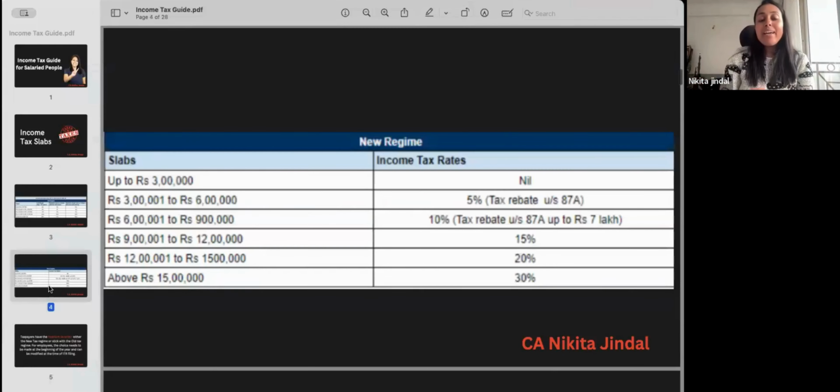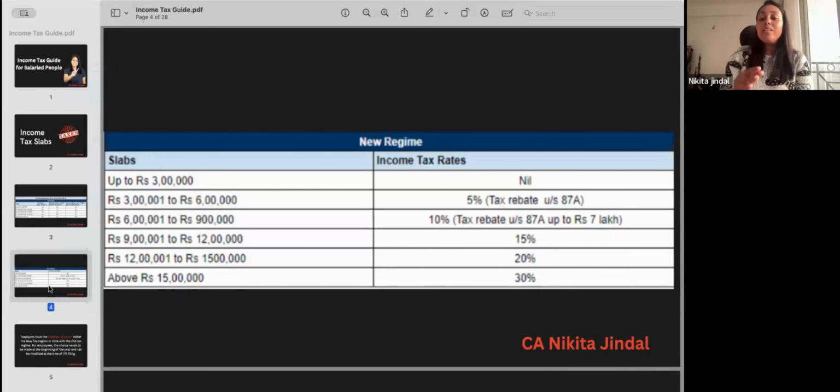If I talk about the new tax regime, up to 3 lakh the exemption limit is 0. Under the old tax regime, the basic exemption limit is 2,50,000, but under the new tax regime, the exemption limit has been increased to 3 lakhs. The slab works like this. Salary income between 3 lakh to 6 lakh, the slab is 5%. Between 6 lakh to 9 lakh, the slab is 10%. Between 9 lakh to 12 lakh, the slab is 15%.